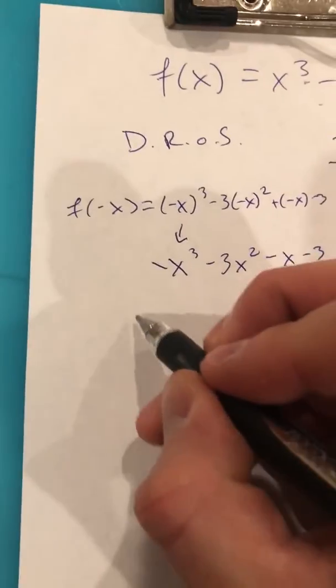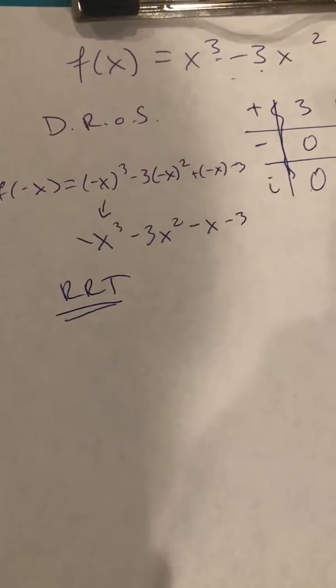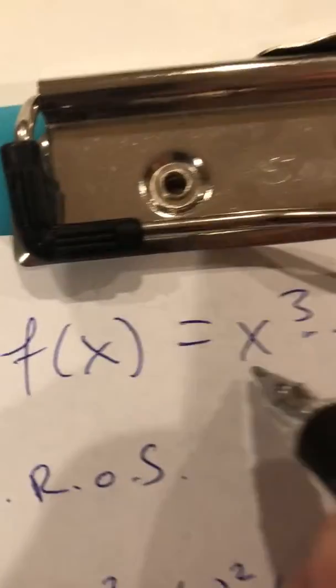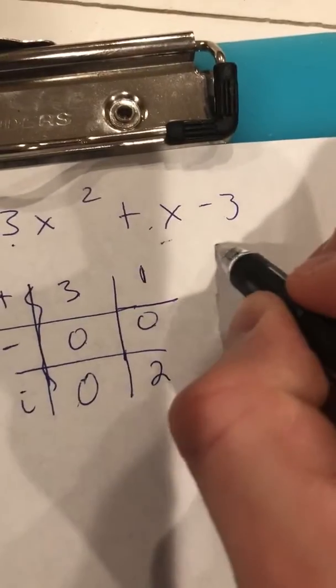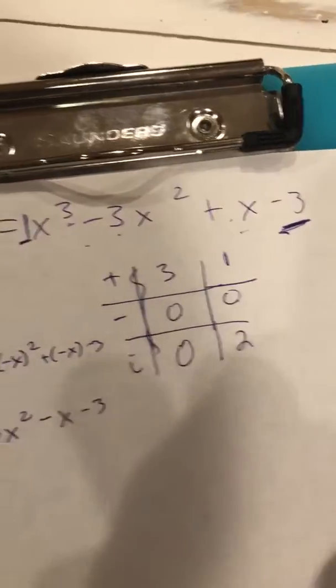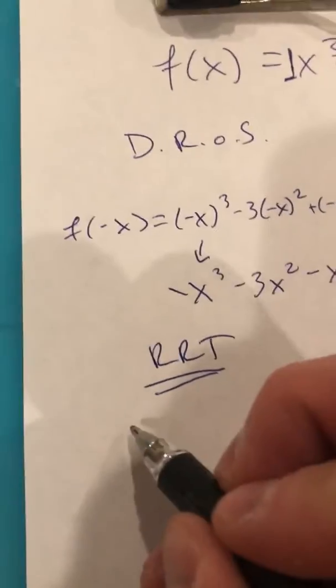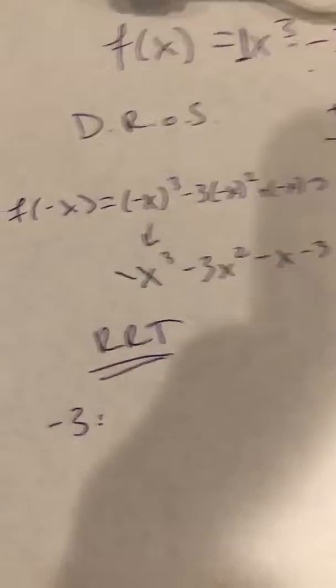So now let's look at the rational root theorem to figure out what our possible rational roots are. To do that, I look at the leading coefficient, which in this case is 1, and I look at the constant, which in this case is negative 3. So the negative doesn't really matter right now, so let's look at all of the factors of 3, or I guess I'll stick with negative 3.